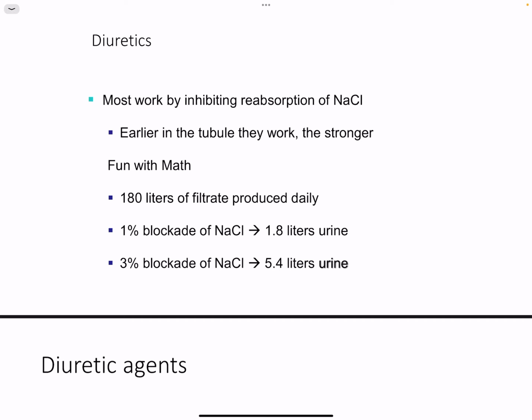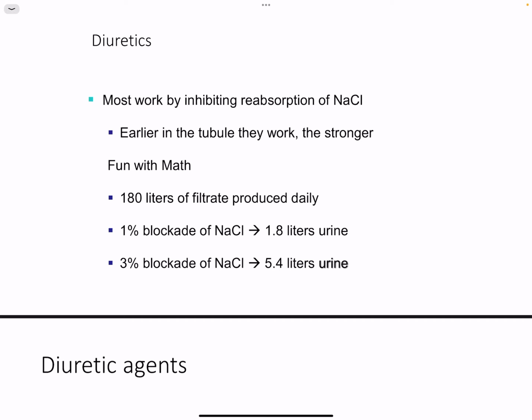But how much urine is produced daily? 180 liters? No. So how much? 1.5 to 2 liters, or 1000 to 2000 milliliters. But where does this 1000 to 2000 milliliters come from?